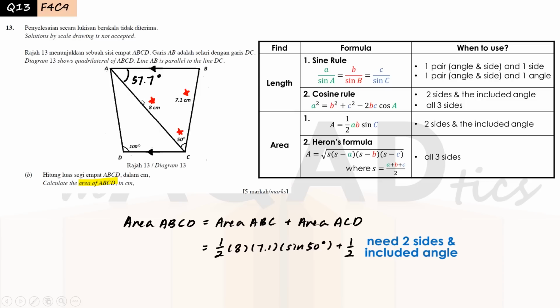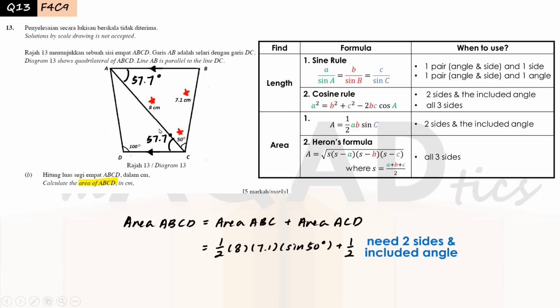We already have one side, so we need to find the other side. To find the side, we can look at the parallel lines here first. In modern maths, you have learned that if the parallel lines form a Z shape, meaning this Z shape, then the angle here and the angle here are the same, which is 57.7 degrees.